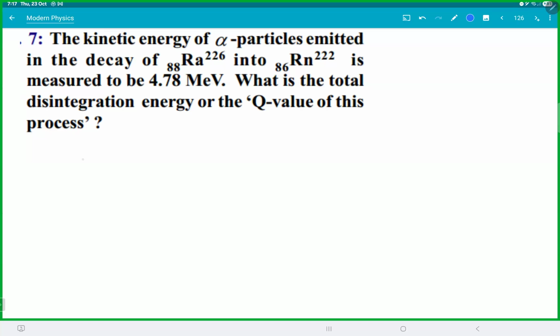So we have radium, which will become radon. So radium, which is 226. Let's say initially it is at rest. This thing breaks down into an alpha particle, which is helium, and radon, which is 222. So both of them will fly away in opposite directions to conserve momentum. P1 is equal to P2, conservation of linear momentum.